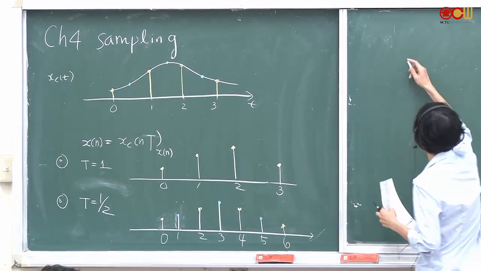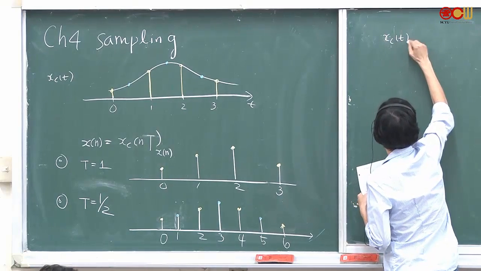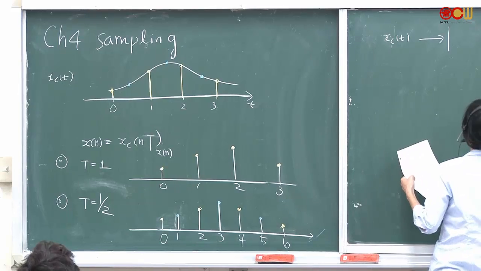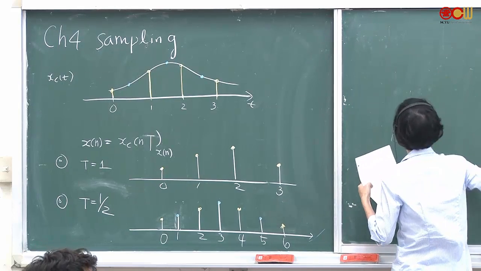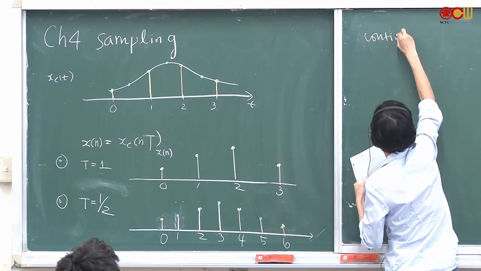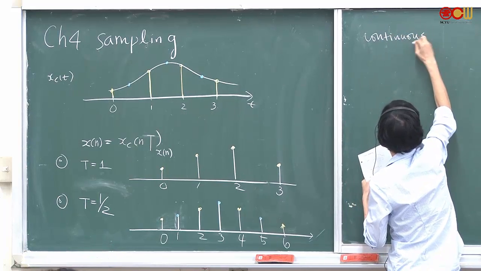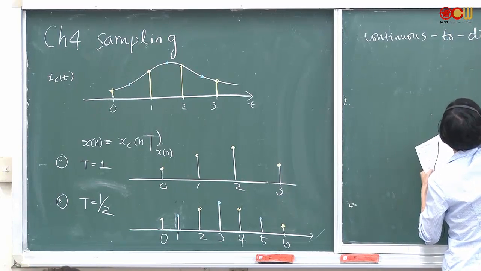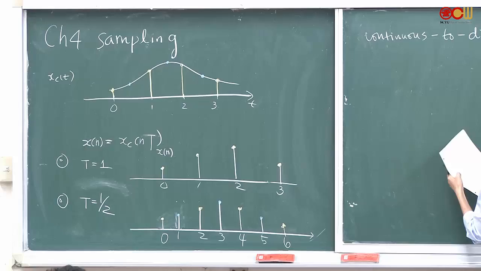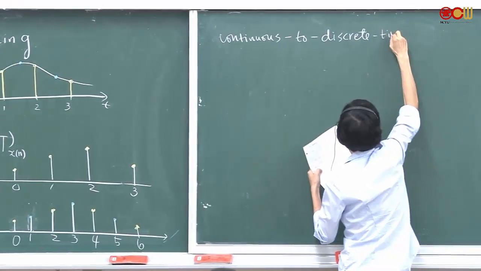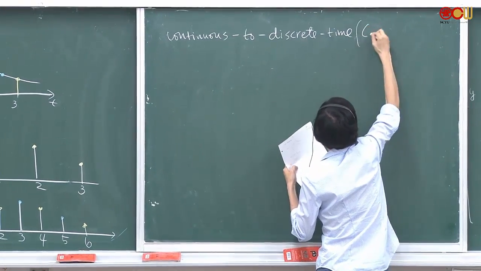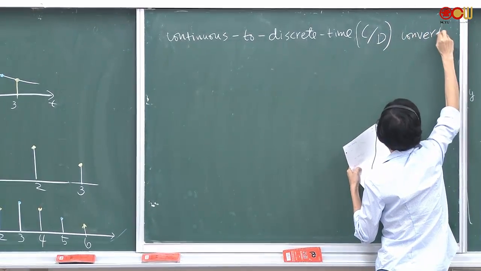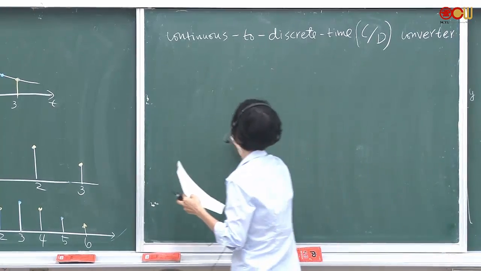And when we take this as samples, we call this C to D converter. This is called continuous to discrete time C to D converter. Okay.